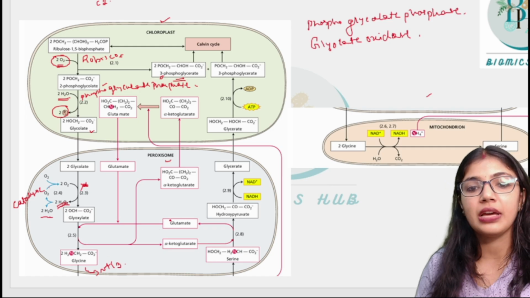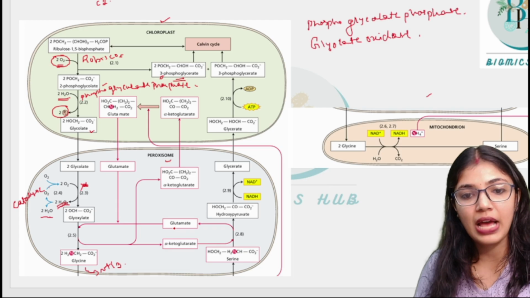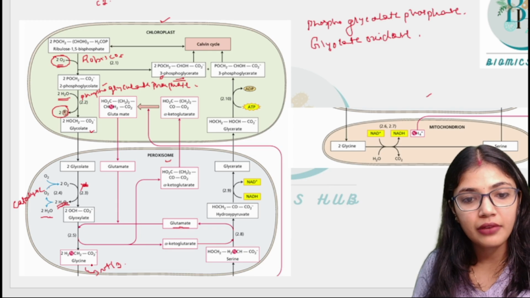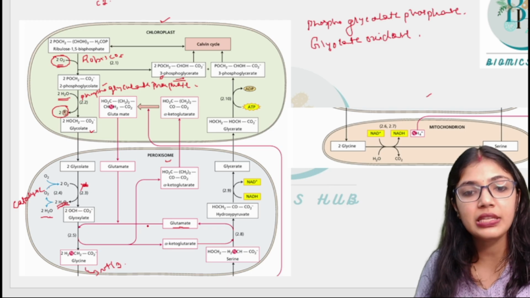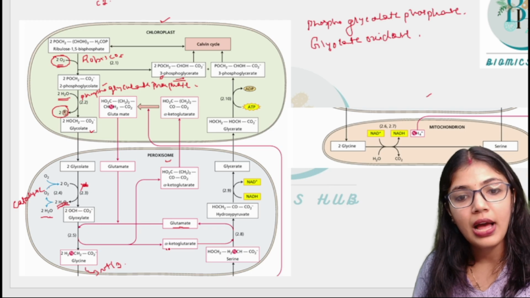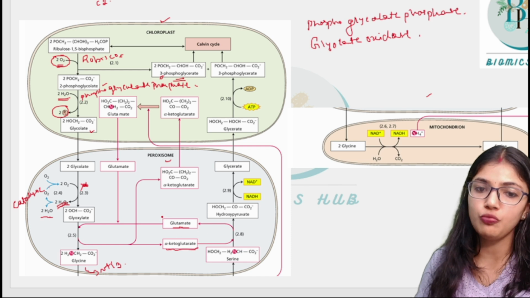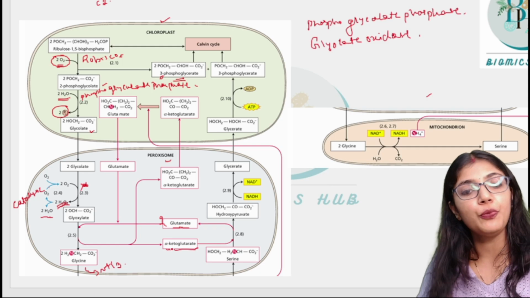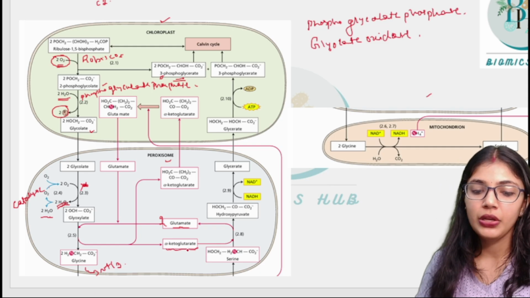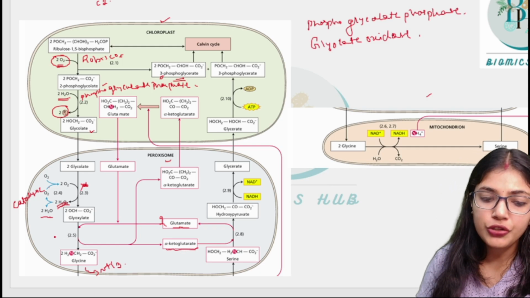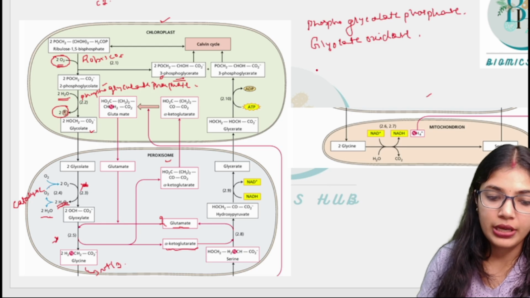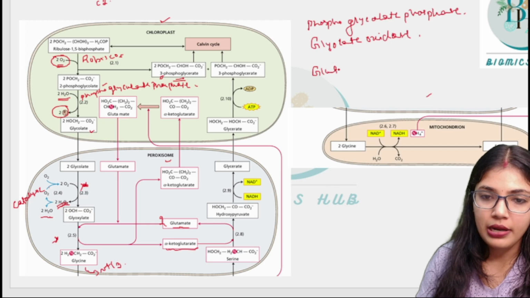This NH3 is coming from another amino acid, which is known as glutamate. This glutamate gives the NH3 to it, and the glutamate is converted into alpha ketoglutarate. Here 2 molecules of glutamate are utilized and converted into 2 molecules of alpha ketoglutarate. And here also there is involvement of one enzyme.